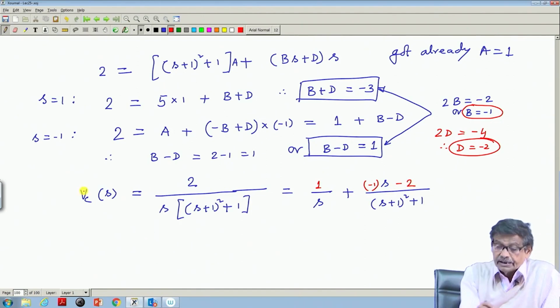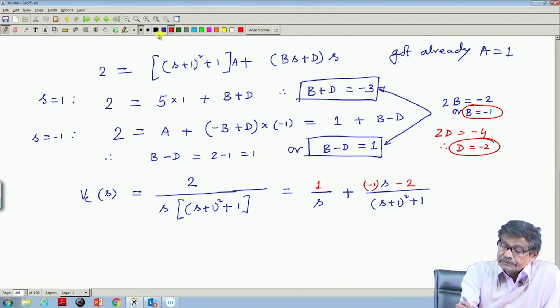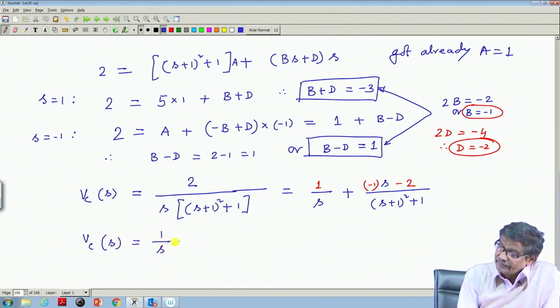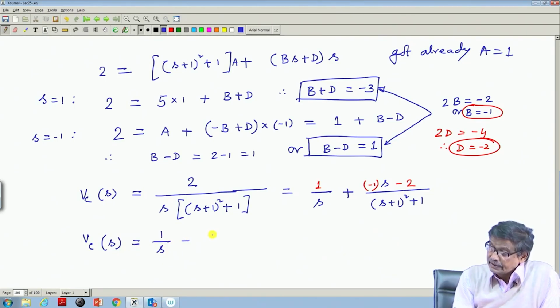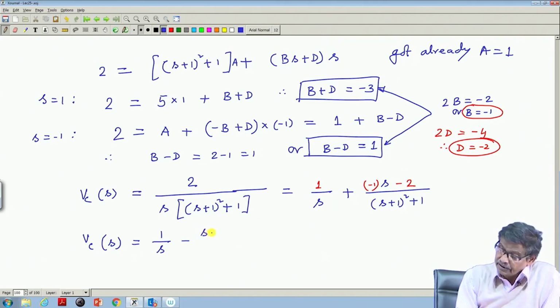So, this can be written as VCS is equal to 1 over S minus S plus 2.